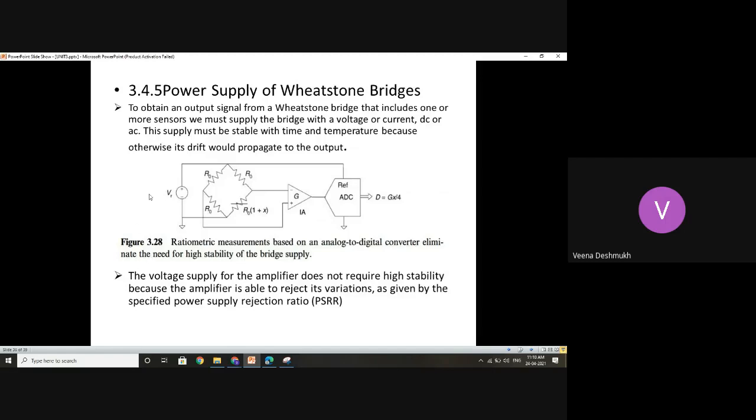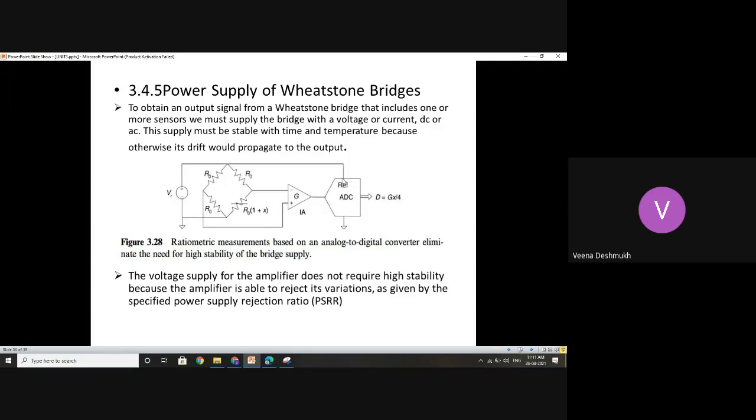Under such cases, in spite of using regulated power supplies at the input end, there are other reference points which are connected here, such that always the reference voltage is monitored. If the reference voltage is changing due to any reasons associated with the power supply, then with the help of a compensation network, they are again brought back to the reference level.